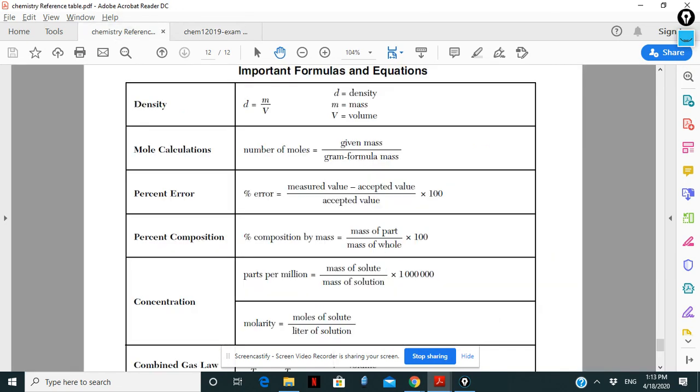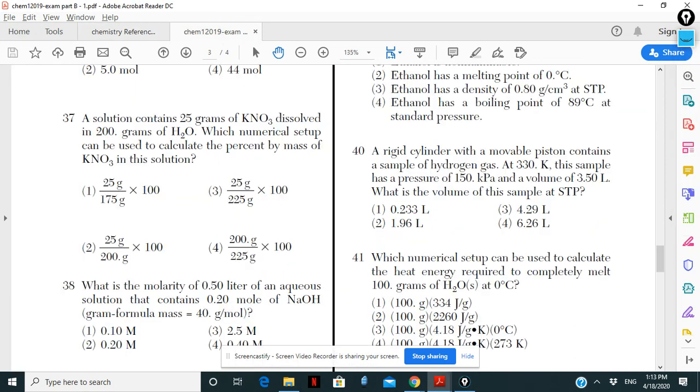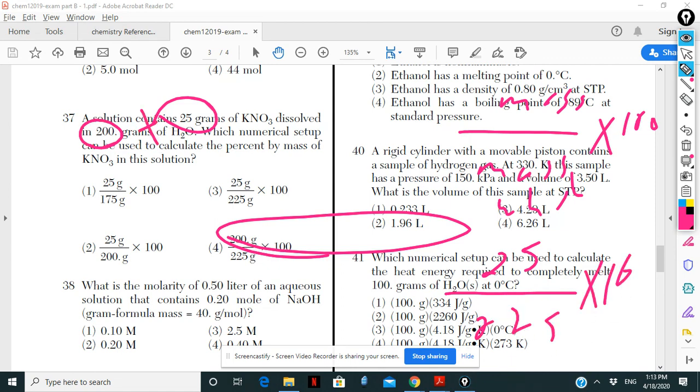That's percent composition: mass of part over mass of whole, multiplied by 100. So the part is 25, the whole is 200 plus 25, 225, multiplied by 100. So the answer should be 3.